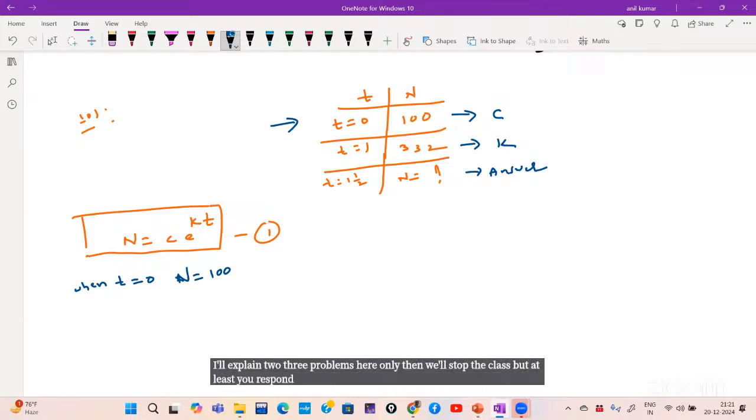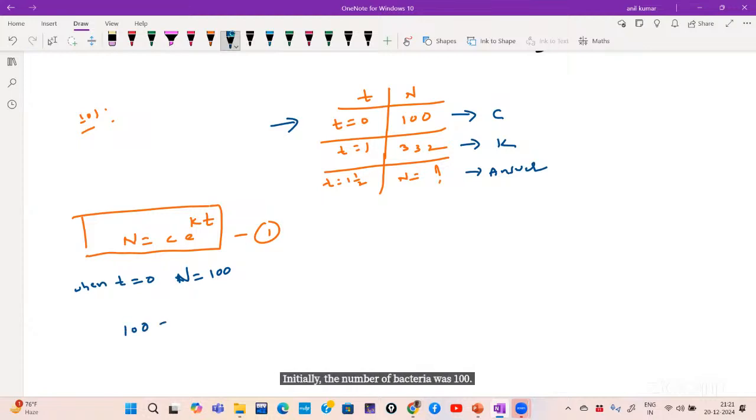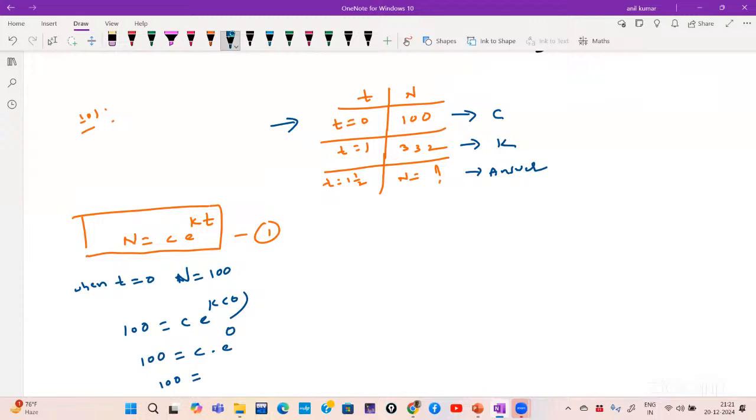Initially, the number of bacteria was 100. 100 equal to C into e power 0, which is 1. Therefore, C is 100. Substitute C equal to 100 in equation 1.